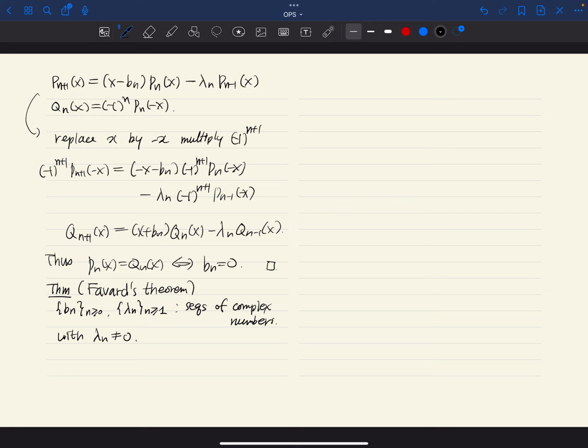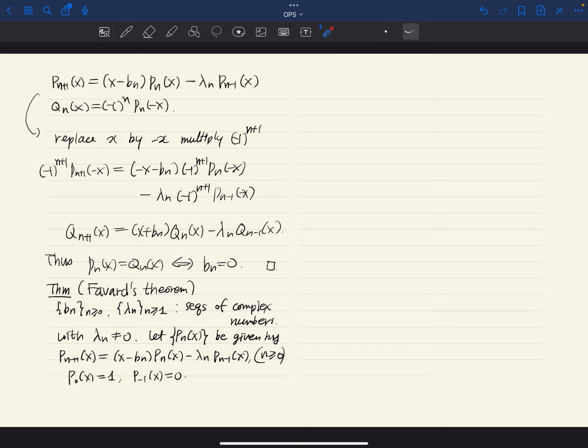And let P n be the sequence of polynomials given by a three-term recurrence. If you define it this way, then it's uniquely determined, so we can say that this is a definition of the sequence. Here n is greater than or equal to 0, where the initial conditions are P 0 is monic, so it's 1, and P minus 1 is just 0. Then you can compute P 1 using this formula, and so on.